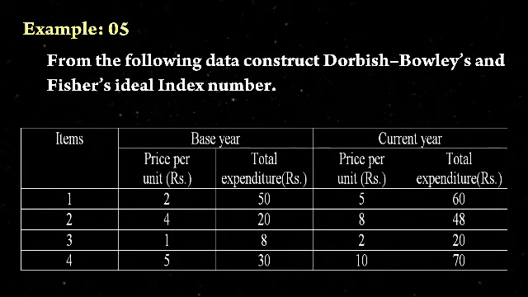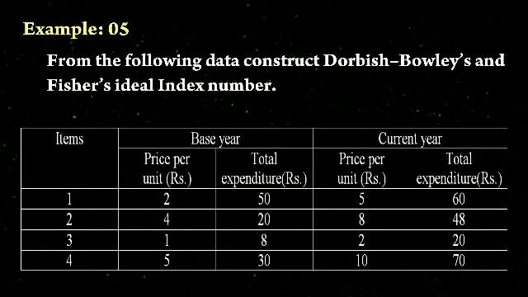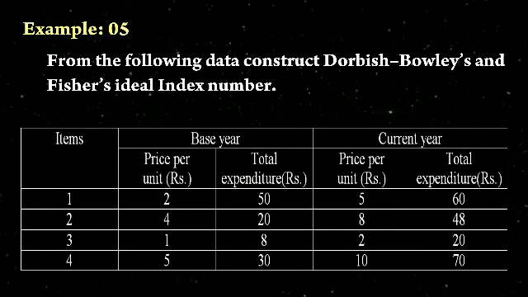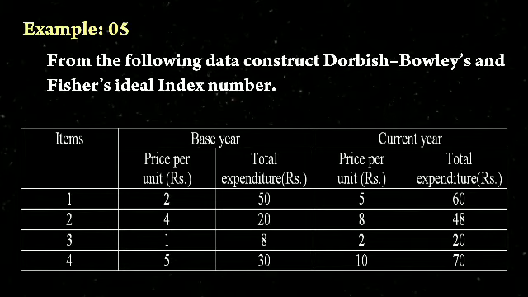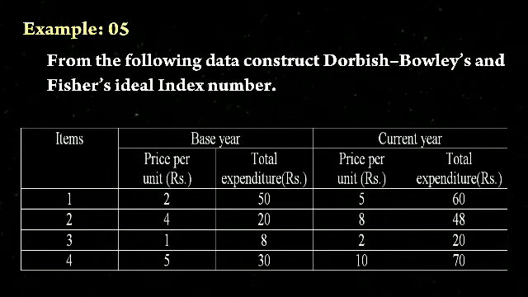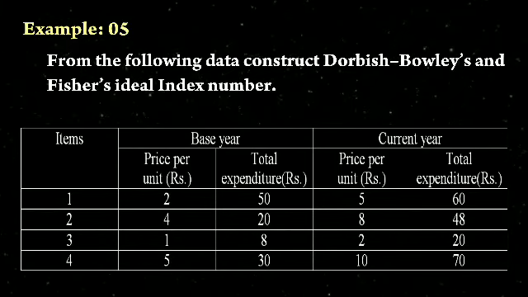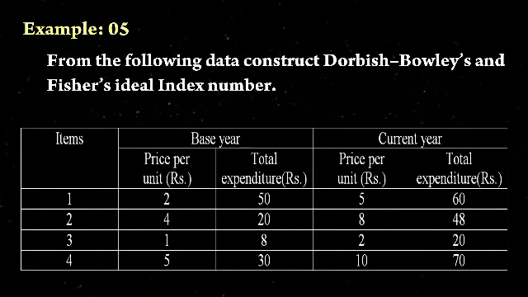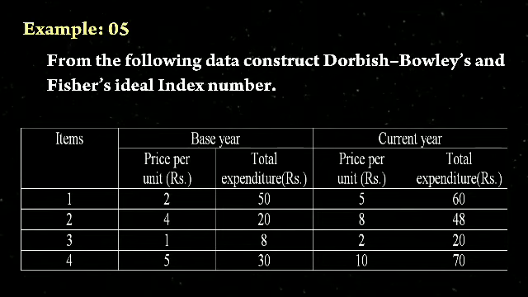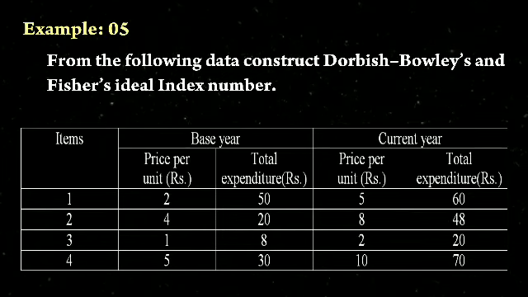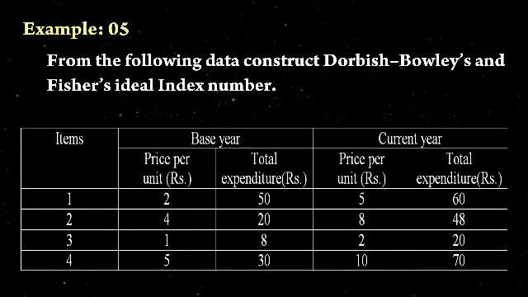How do you value a product? It is based on the price and the quantity. If 1 kg of rice costs 30 rupees, and you are buying 1 kg of rice, the quantity consumed is 1 kg and the cost of the rice is 30. So 1 into 30, 30, that is the value of the product or the item, right? So here expenditure means again you are spending the amount based on the price and the quantity.